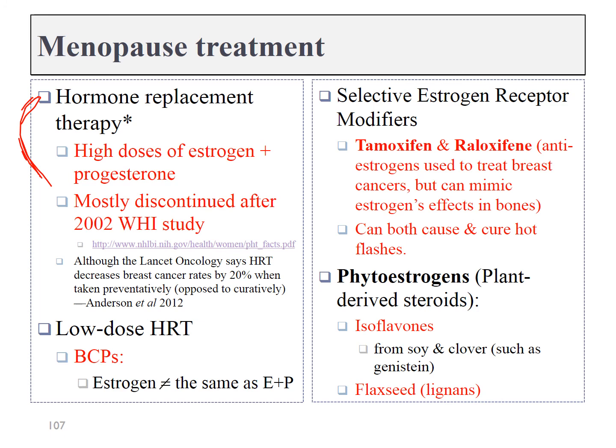So these days, some women are going on hormone replacement therapy with a much lower dose of hormones, possibly even in the form of birth control pills. So somebody might be taking birth control pills after menopause, even though they have no chance of getting pregnant because they have no more follicles left to ovulate, because the low dose of estrogen and progesterone helps to inhibit all of the symptoms that we covered on the previous slide.